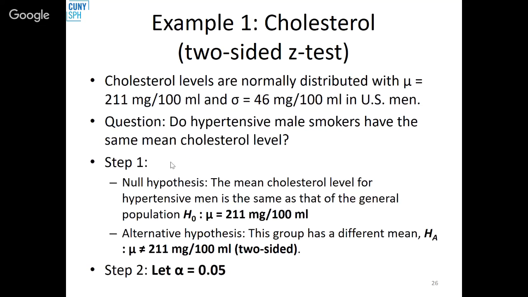So our Z statistic would be the absolute value of 195 minus 211, that's 16, divided by 46. That's about 0.33.